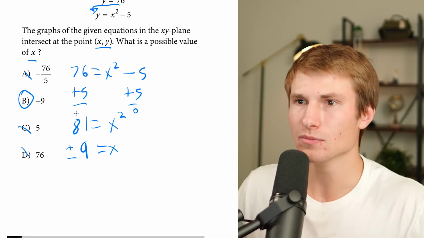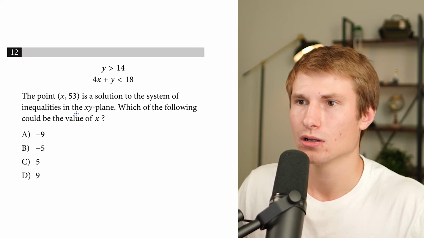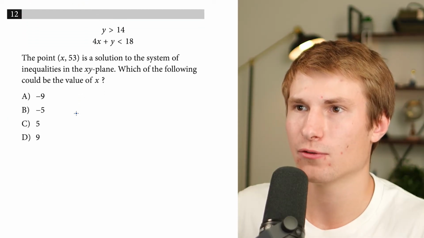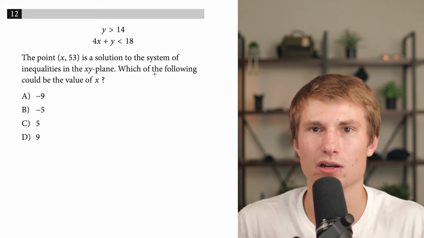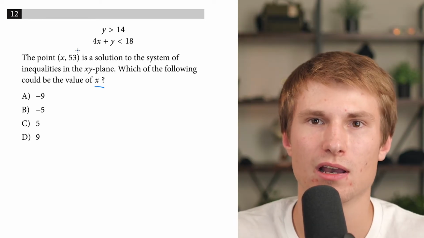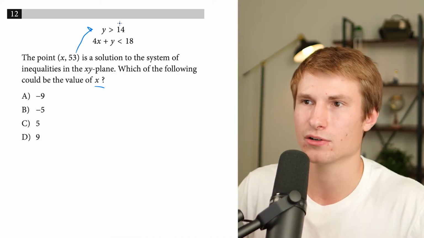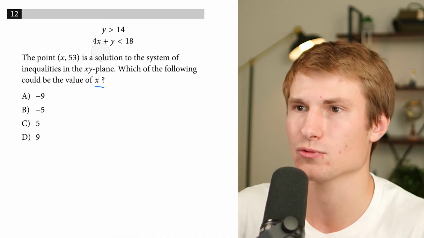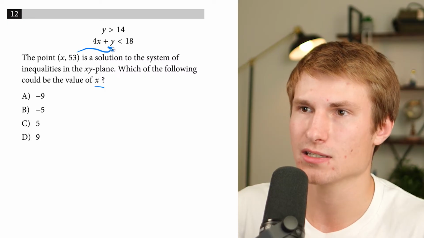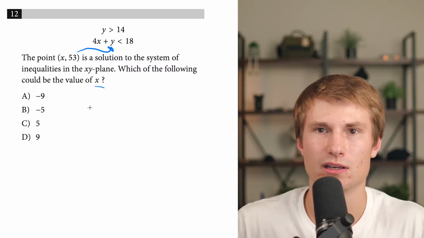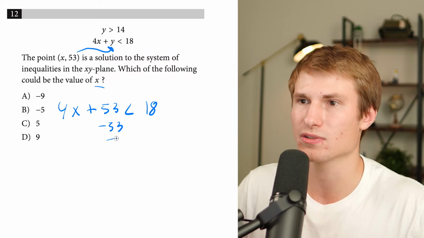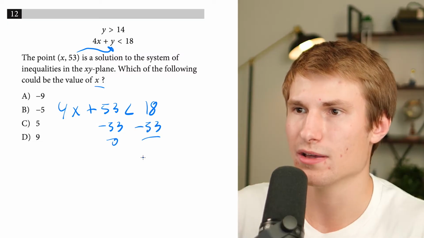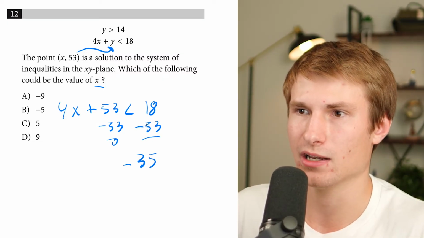All right. Going on to question number 12. We've got y is greater than 14, and we've got 4x plus y is less than 18. Point (x, 53) is a solution to the system of inequalities in the xy-plane. Which of the following could be the value of x? As you can see, if you plugged in this 53 for y, it's obviously greater than 14, so it's satisfying that first one. Let's see what the value of x is to satisfy the second one. We've got 53 in for y, so we're going to have 4x plus 53 must be less than 18. We go ahead and subtract 53 from both sides. That is going to leave us with 35, which will be negative since we're subtracting 53.